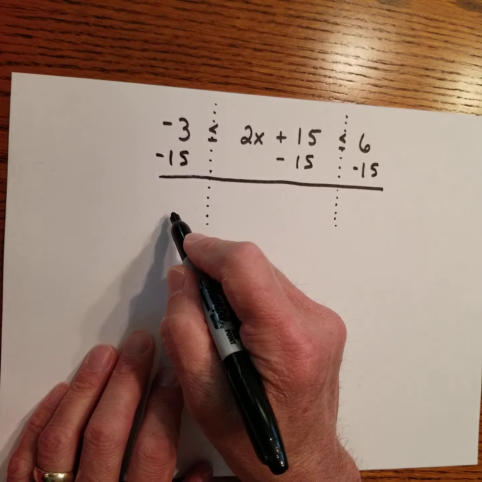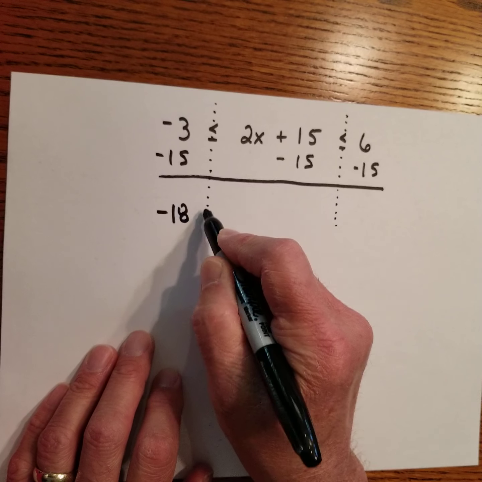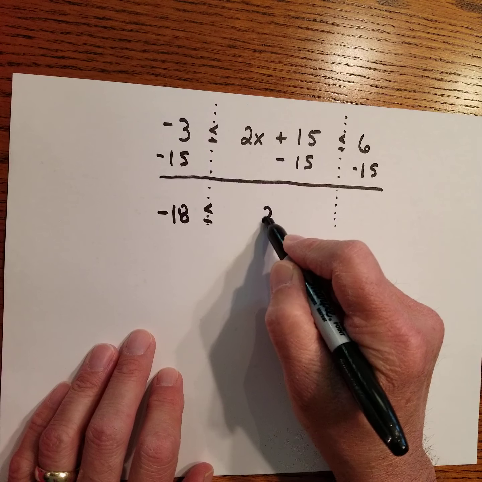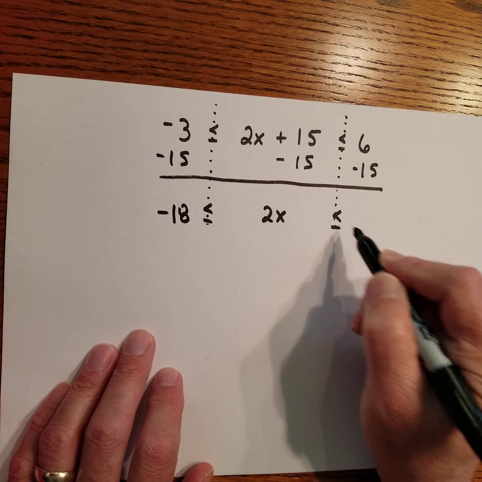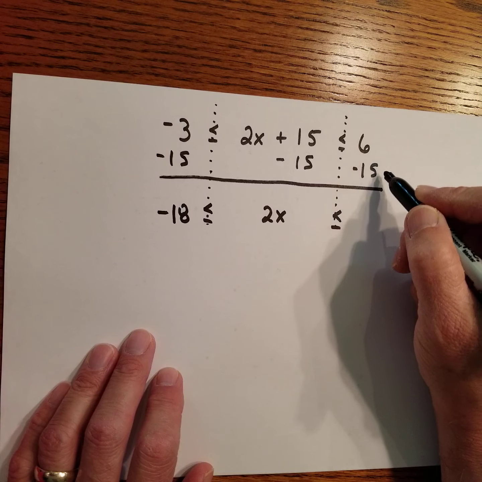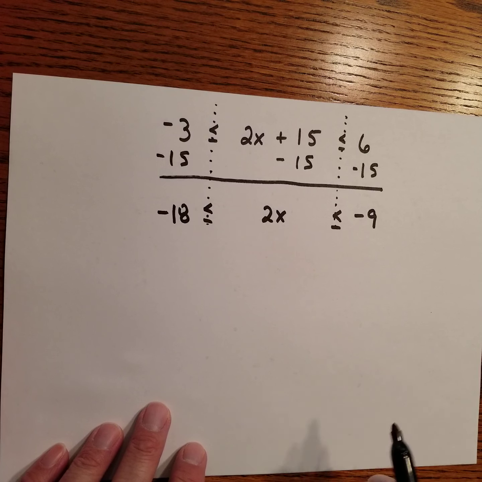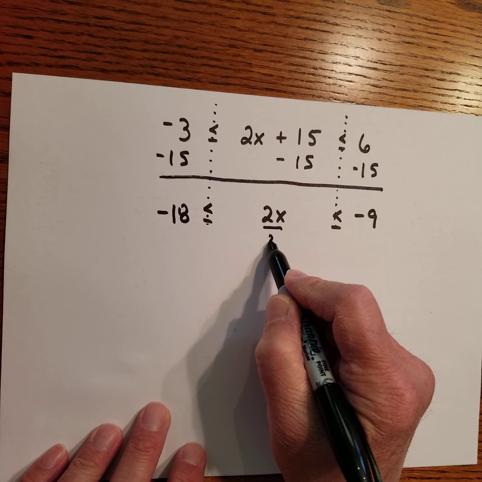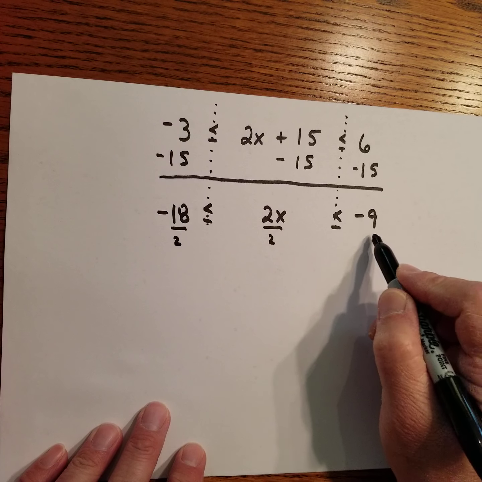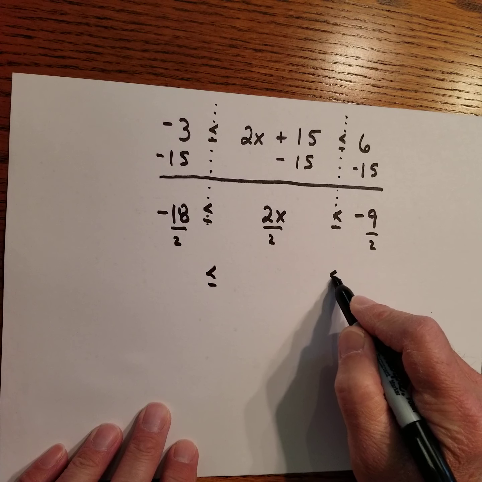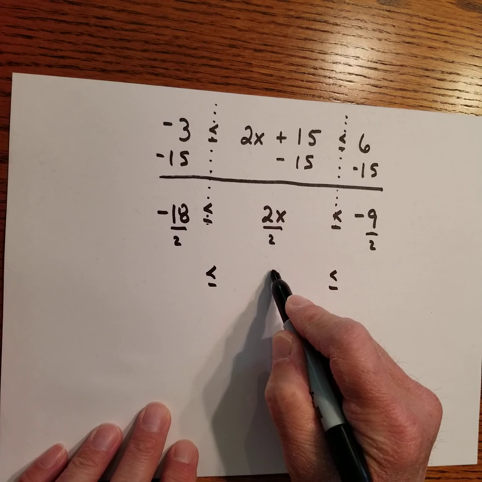-3 and -15 is -18. 15 minus 15 is 0. We still have the 2x. 6 and -15 is -9. Now divide by 2 on each part of the problem. 2 divided by 2 is 1x.